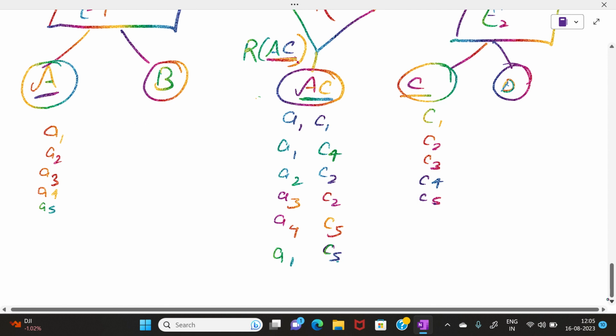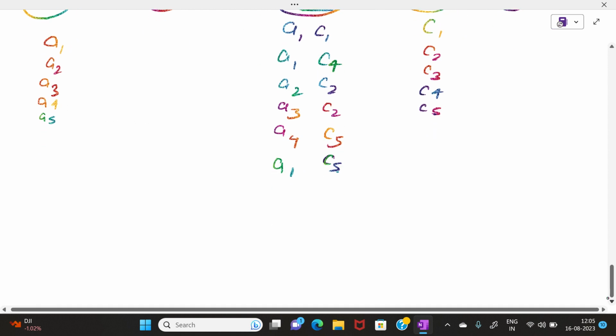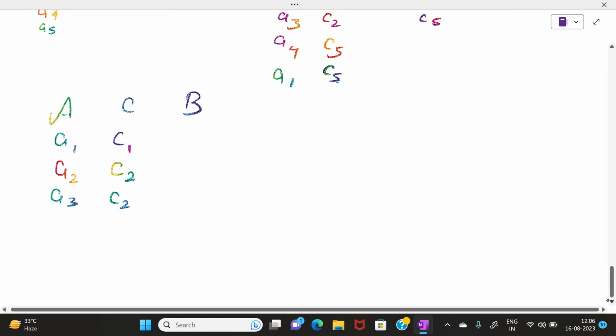Now let's see if we combine these two together. So what will be the values? So here A, C, E, and A1 combined with C1, A2 combined with C2. Then we have A3 combined with C2 obviously. A4 combined with C5, and A5 is not combined with anyone.